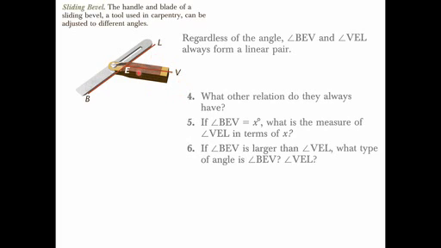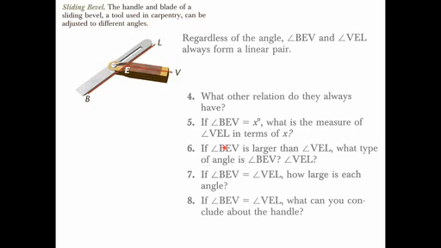As you think about that, what if EV was perpendicular to BL? What would they both be? Moving on, if BEV is equal to VEL, how large is each angle? I guess I just asked you to think about that, but that helps you with number 6 too. If BEV is equal to VEL again, what can you conclude about the handle?